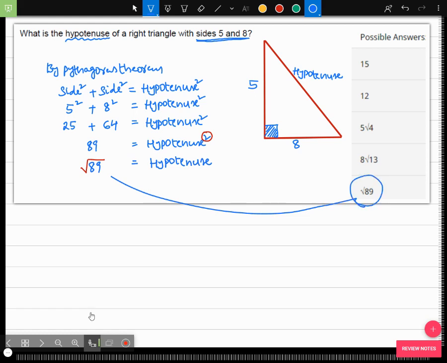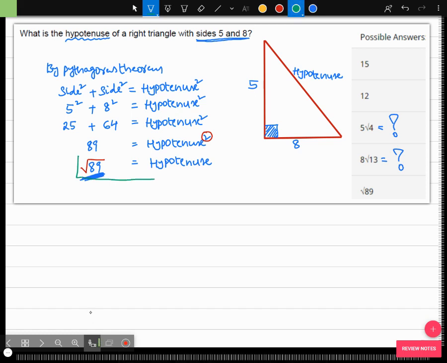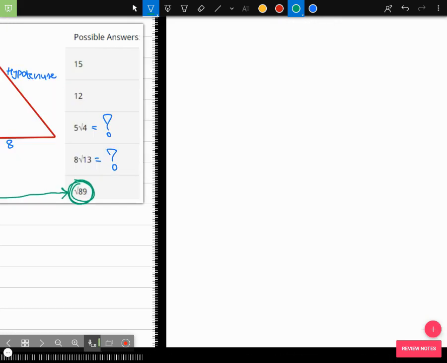In such a case, like 5 root 4, you may type it on a calculator, express it as a decimal, and then compare. In this question, we ended up with hypotenuse equals square root of 89, which is one of the given options, therefore this is the answer. Okay, let's quickly go to the next question.